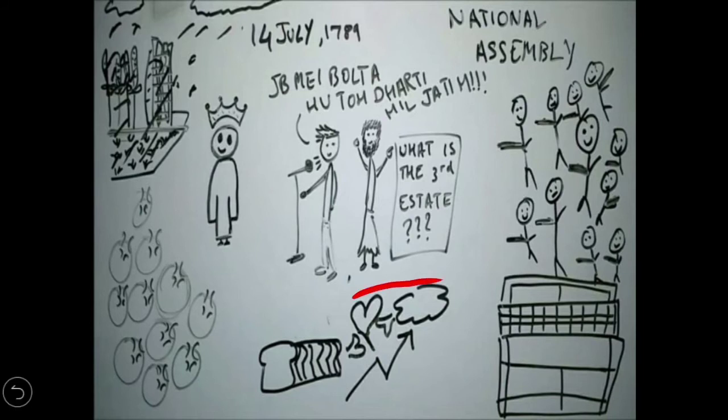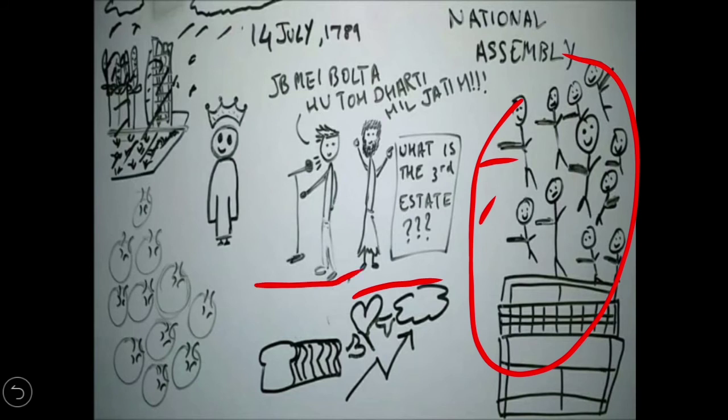The name of the book is What is the Third Estate? And the people were very united, and even these two leaders joined with the members of the National Assembly.